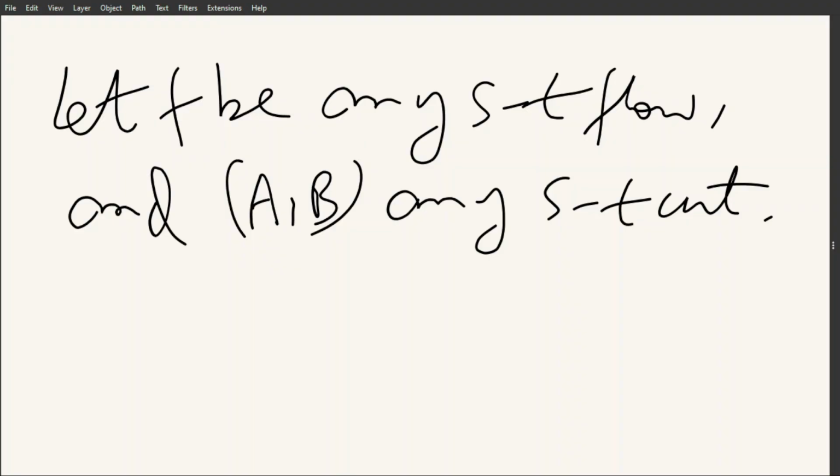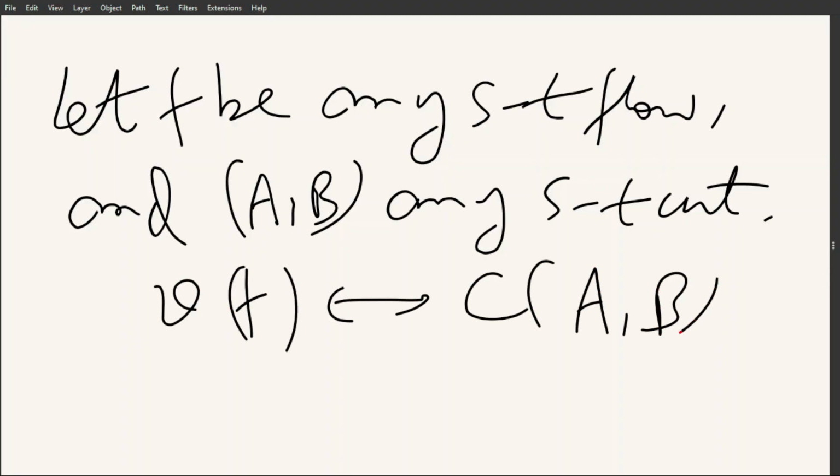For the Max-Flow Min-Cut Theorem, we will show that the value of the flow is upper bounded by the capacity of the cut. So we start with F, any ST flow, and compare the value of this flow, v(F), with the capacity of the cut (A, B), for any cut and any flow.